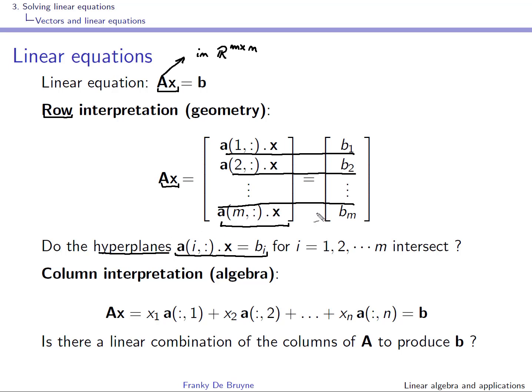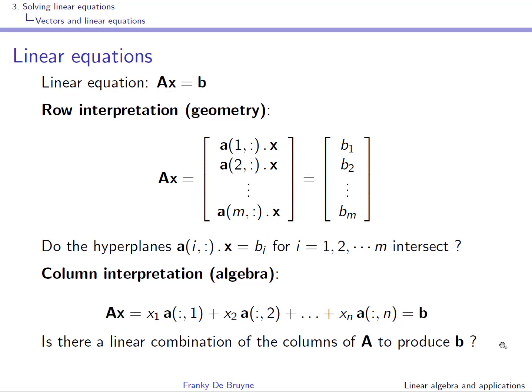And you can of course have three cases. Either there is no intersection, there is a unique solution and the hyperplanes intersect in one point, or you have an infinite number of solutions. So this interpretation is geometrical in nature.